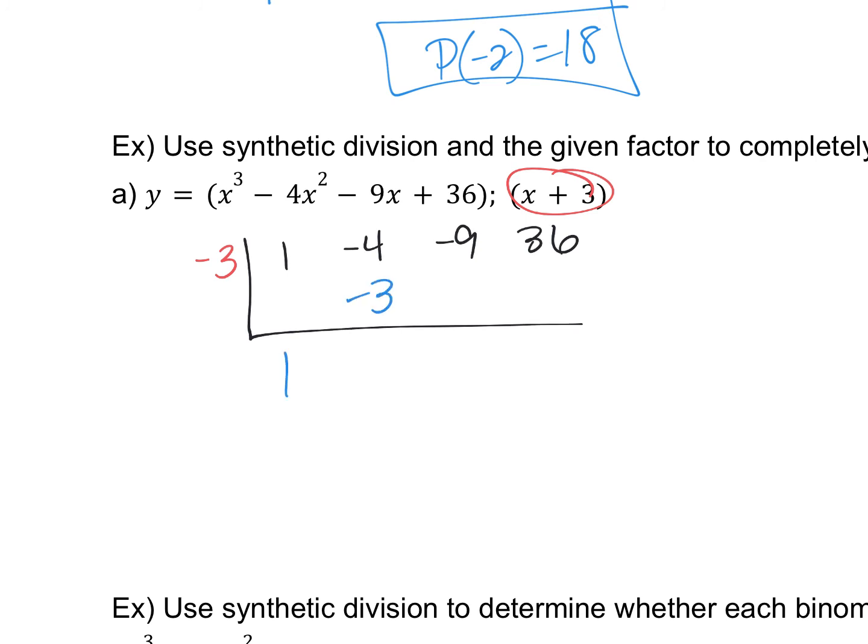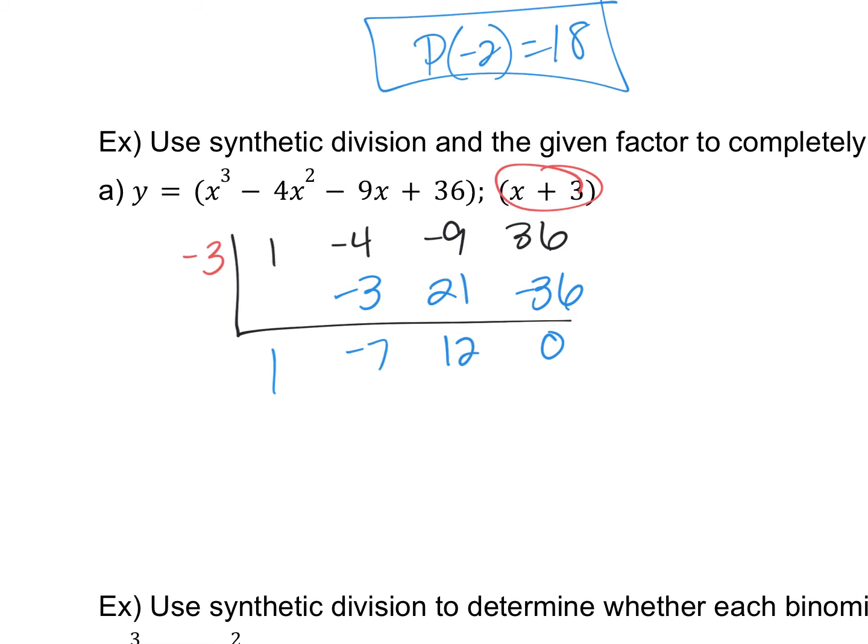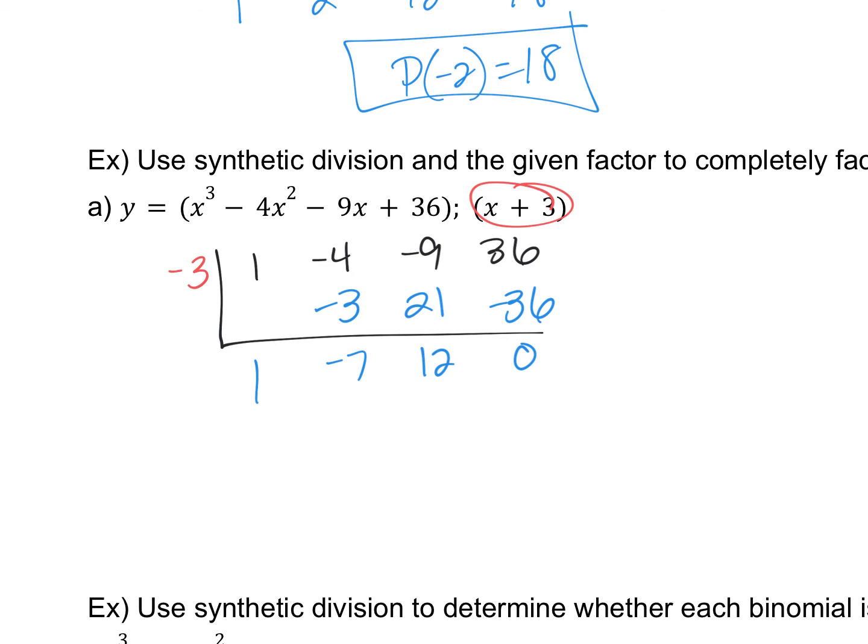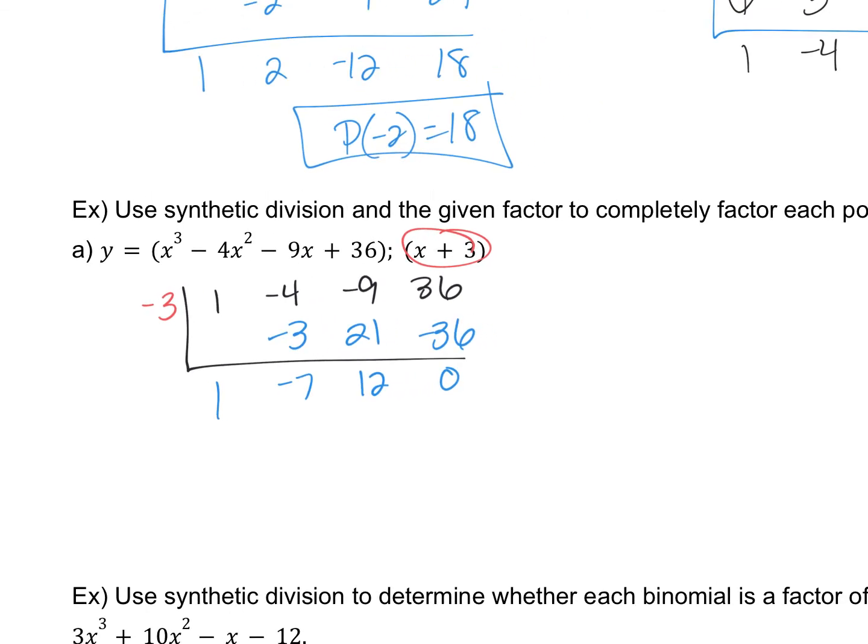1, negative 3, add it, multiply, add it, multiply, add it. That worked out well. At least there was no remainder, because we wouldn't have been able to do it because it wouldn't have been a factor, right? In order for it to be a factor, it has to divide evenly into there, so it makes sense.